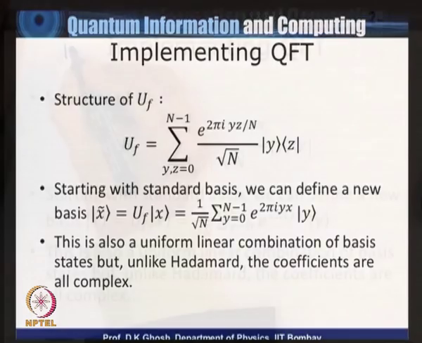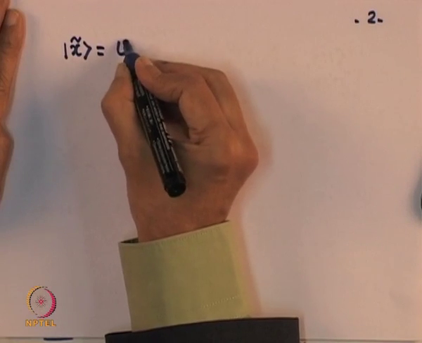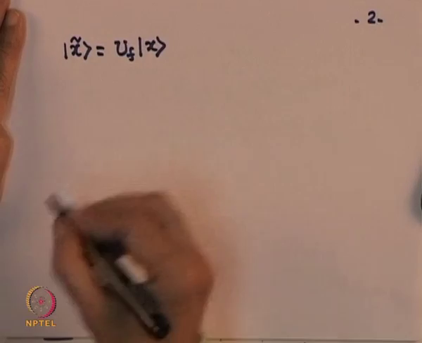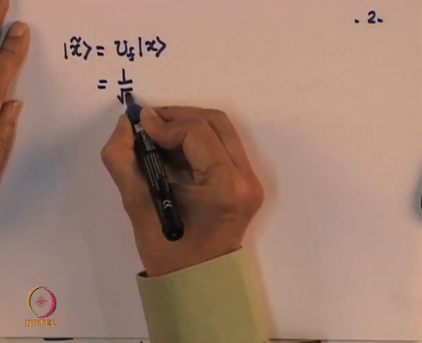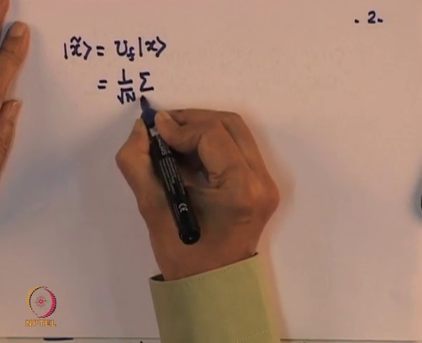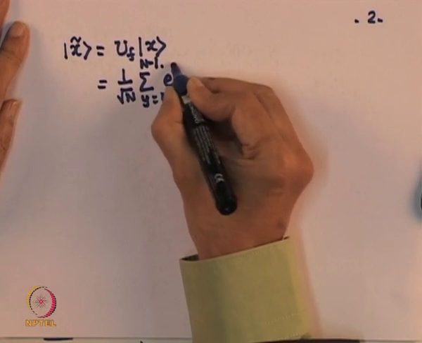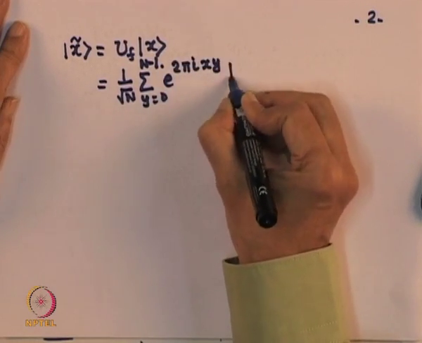I will get |x tilde>, which is my new basis, is U_F acting on, let us say, one of the basis states |x>. So this will be equal to 1 over square root of N sum over y equal to 0 to N minus 1 e to the power 2 pi i xy over N |y>.